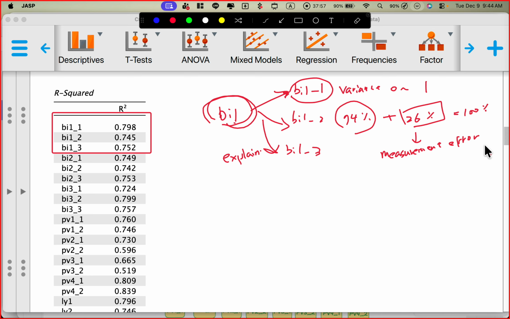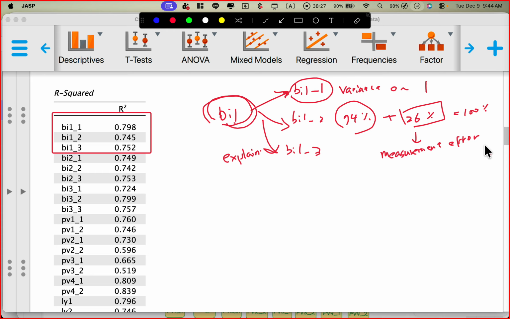In this case, the predicted value, y hat, is the regression model, and this one is the actual y. So the regression model can explain around 79%.